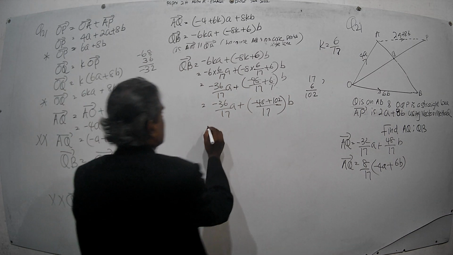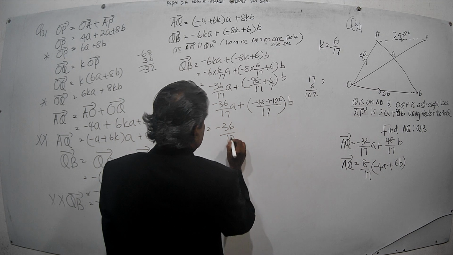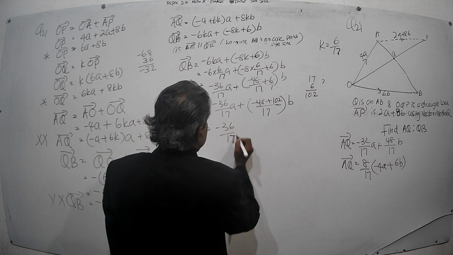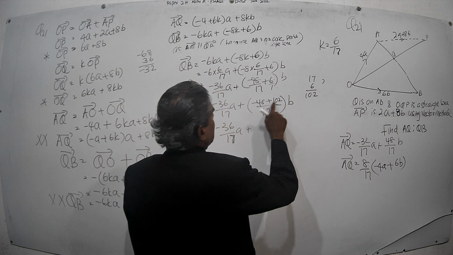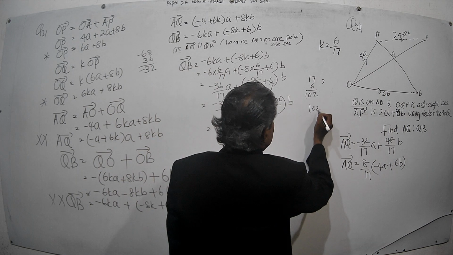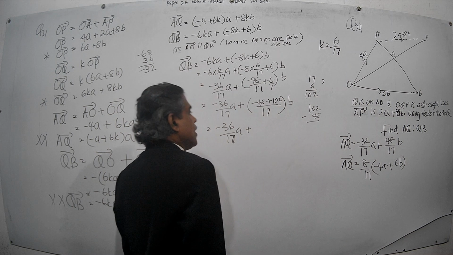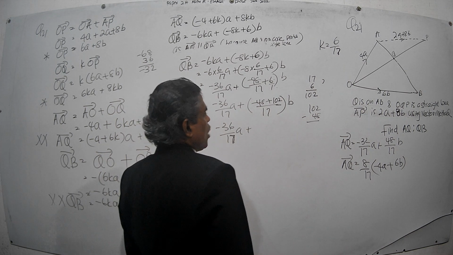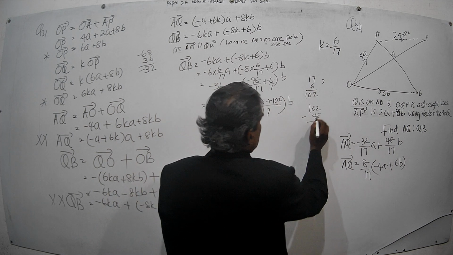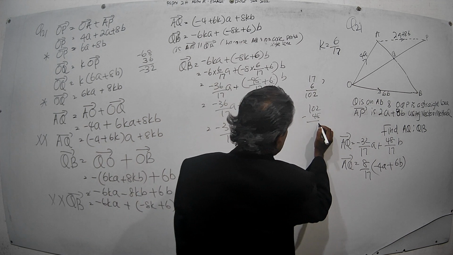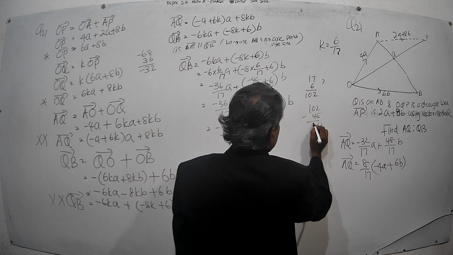Now it equals minus 36 over 17a, then plus, then you can subtract this. So 102 minus 48, then it will be how much? 2 from 12 is 4 and 4 from 9 is 5.